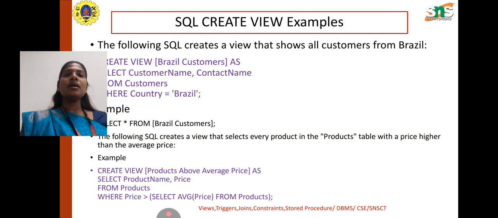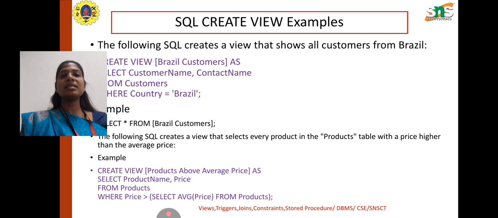Then next is how we have to create a view, with an example. Let us consider one customer database, the Northwind database, where the customers are from the Brazil country. We create view Brazil customer as select customer name, for example XYZ, and customer name ABC from customers.